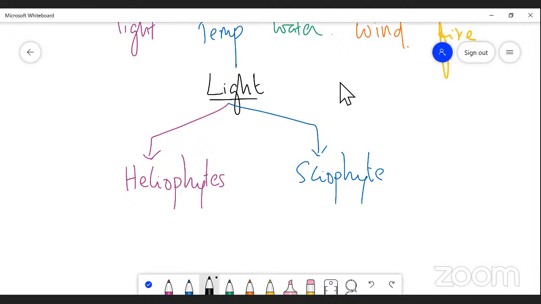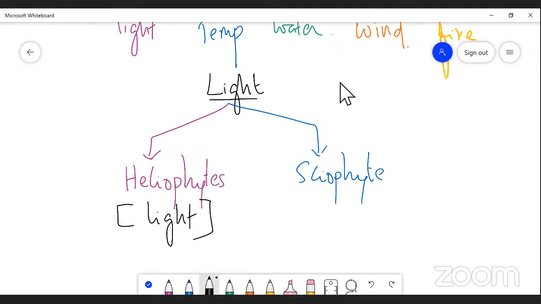So that is called heliophytes. Simply, some plants are able to grow only in the presence of light. They are called heliophytes. Simply, I can say light-loving plants. Light is essential for their growth and development. Such plants are categorized under heliophytes.